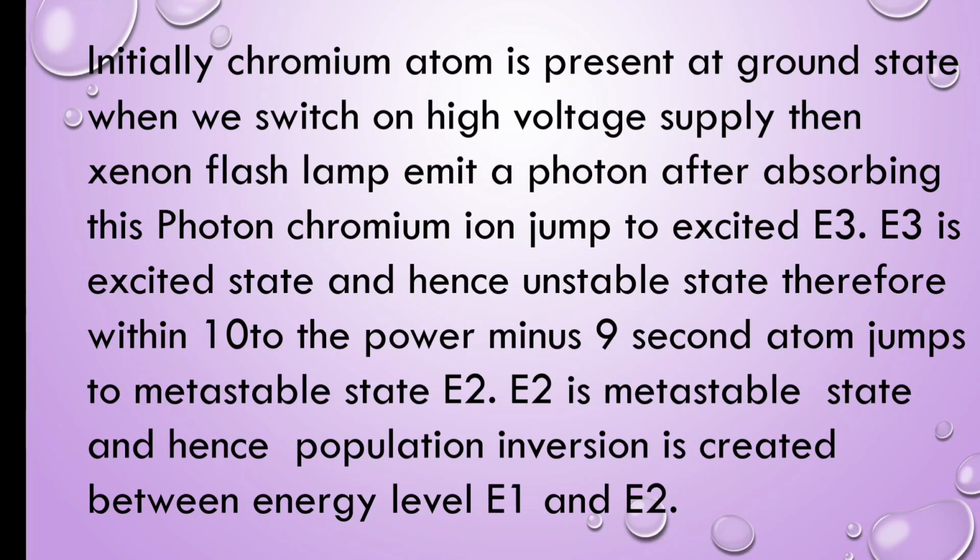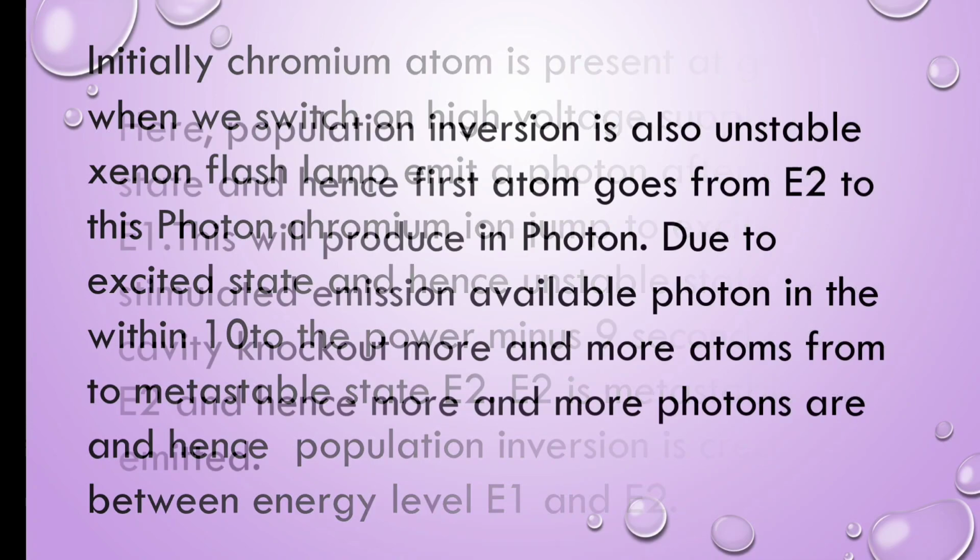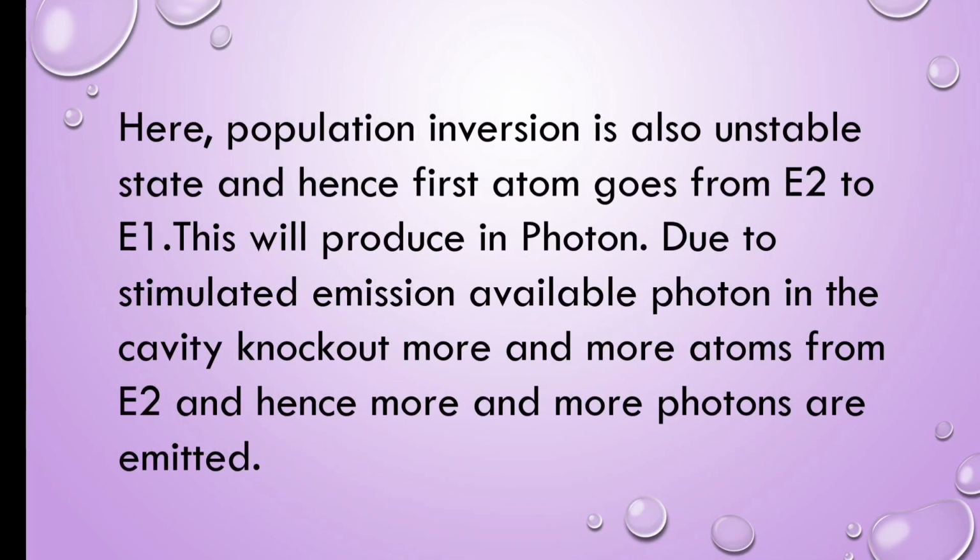So chromium stays in energy level E2 for some time, and population inversion is achieved between energy levels E2 and E1, and we get a laser beam of wavelength 6943 Angstrom in the cavity.